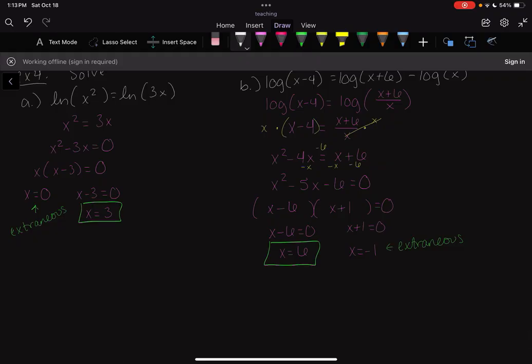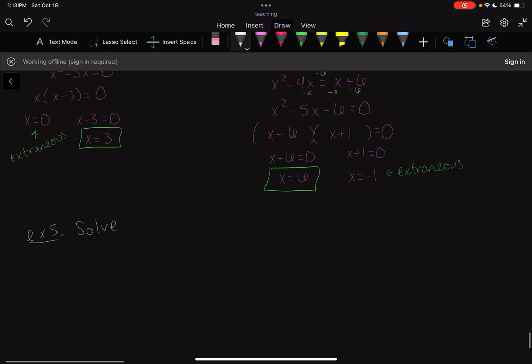Now let's do some where maybe we can't use that property and we have to just move to exponential form. This is example 5. Again, still saying just solve though.